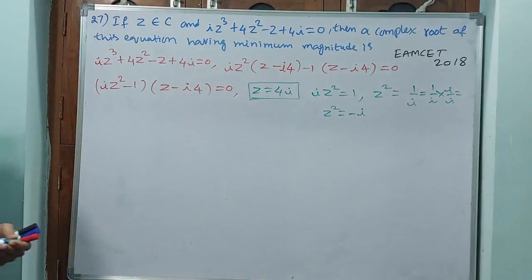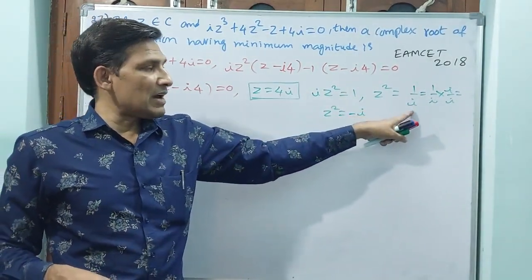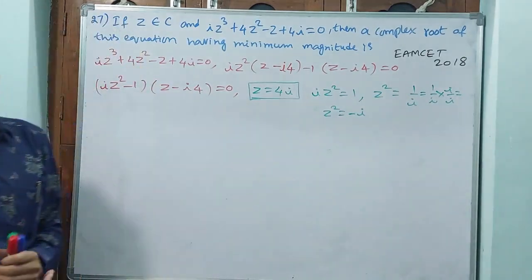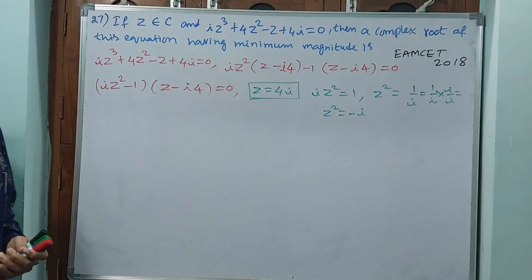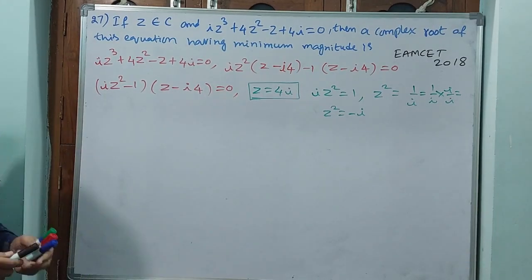Is it okay? Definitely okay. z square is equal to minus i. Why? Because z square is equal to 1 by i. The value of 1 by i, rationalization you have to do with i: i by i square. i square value is minus 1. That means minus i is going to come.